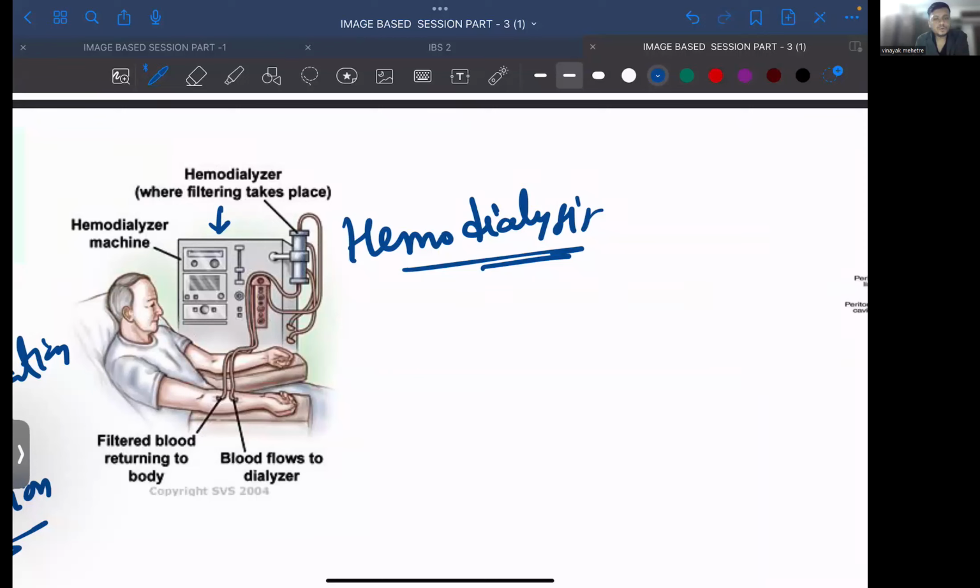Hypotension happens because blood is coming out of the body. Though we will add normal saline in the dialysis machine, the patient can still have hypotension, and this is the complication which will lead the patient to stay in the ICU. Hypothermia, yes, we can have.